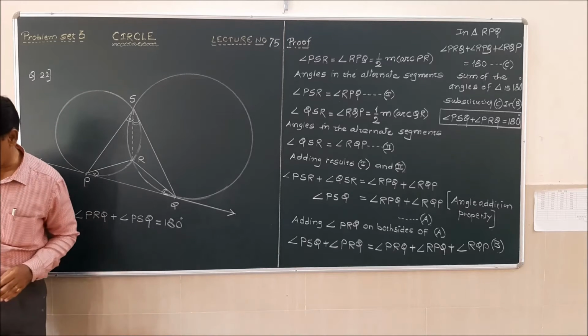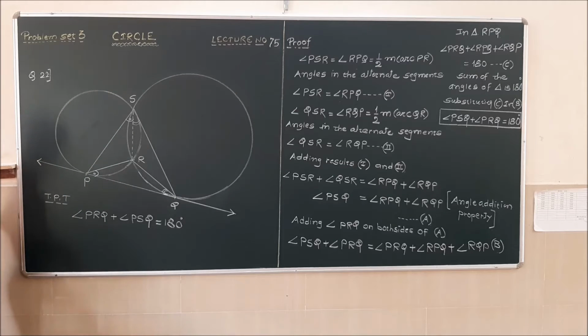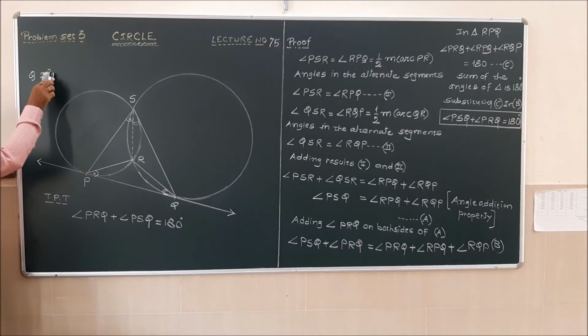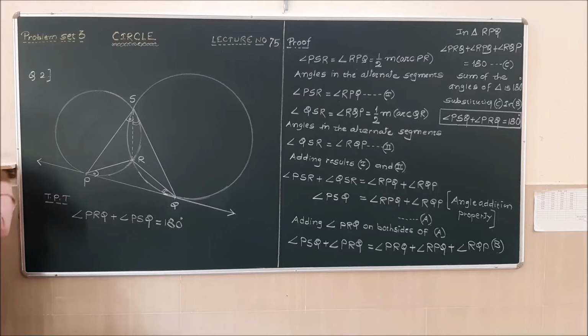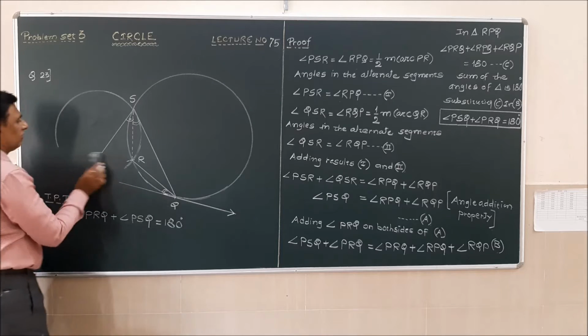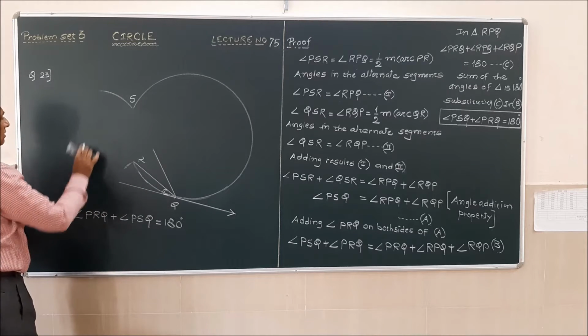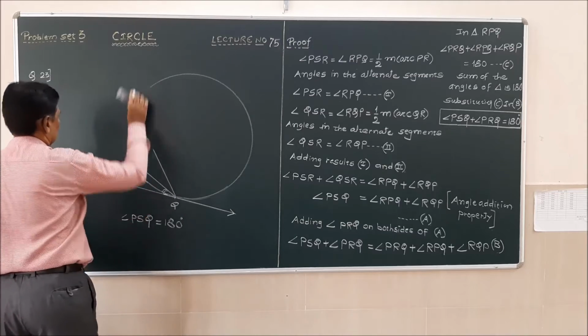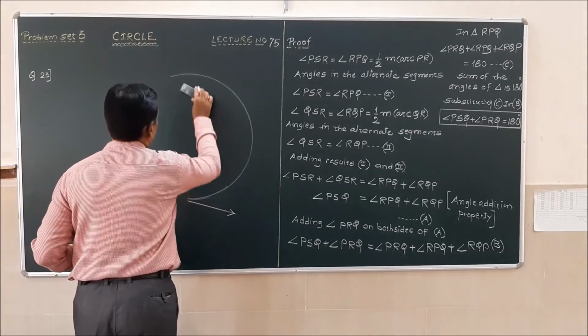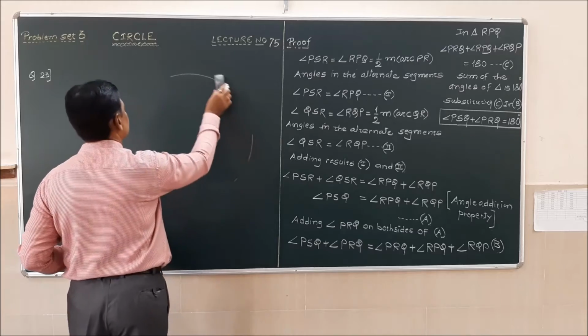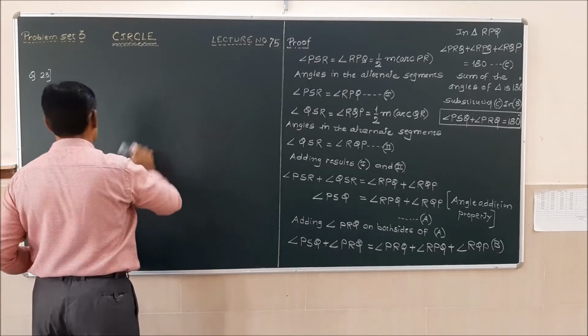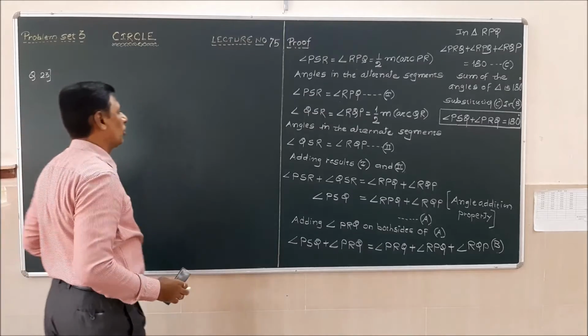Very, very important sum from the examination point of view. Please revise this sum 2-3 times to get the correct result. The 23rd sum is also very important. So I am going to do only 2 sums in one lecture, because these sums are all important from the examination point of view.